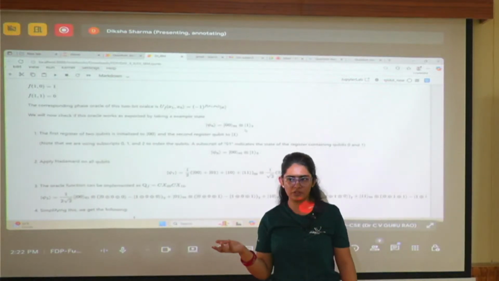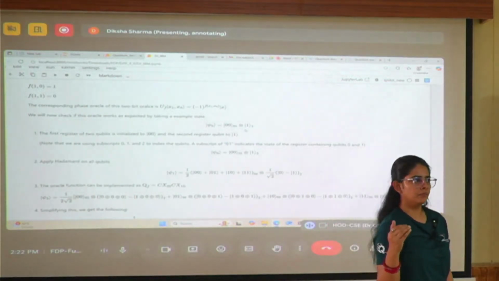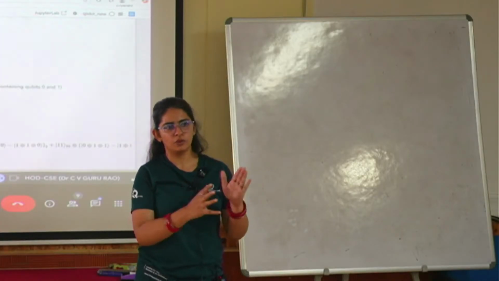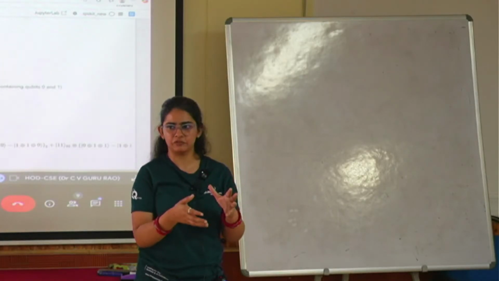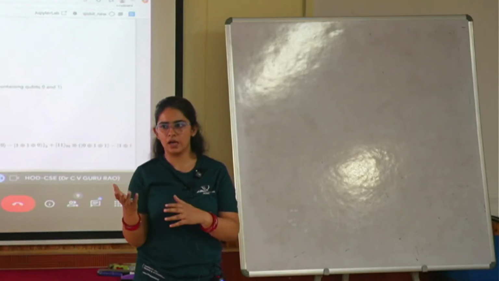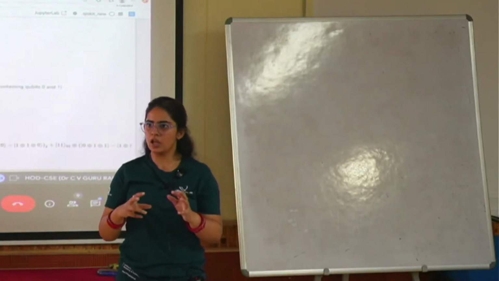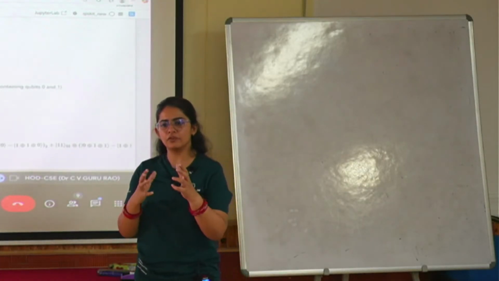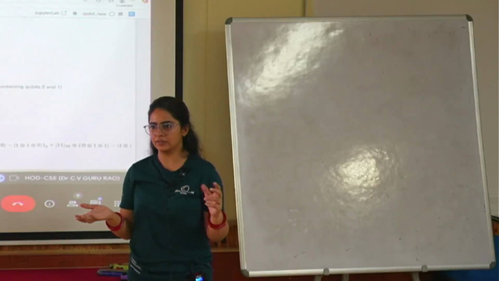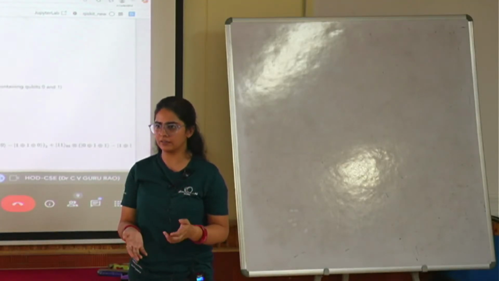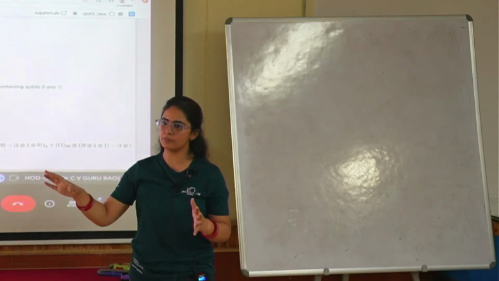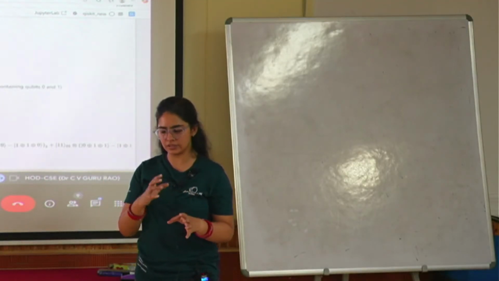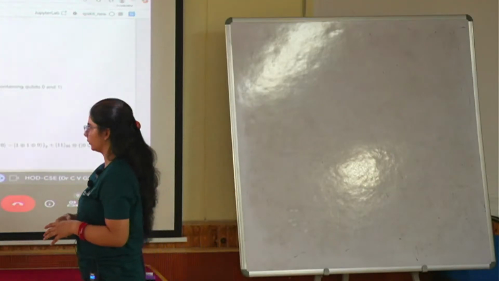Now, if you remember, the value of f of x would be 0 if the function is constant, and 1 if the function is balanced. So for the constant case, we are not doing anything. The function is not reacting; it just gives us the same output as whatever input it gets.